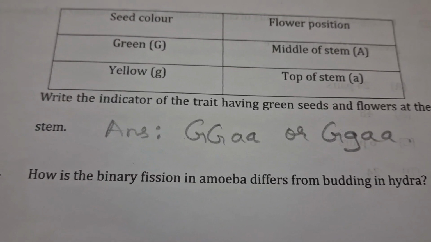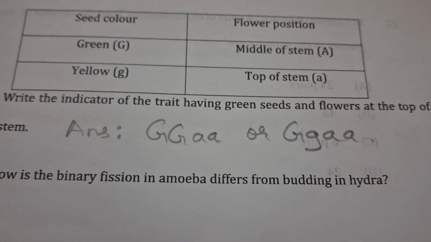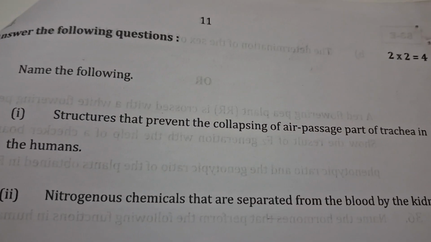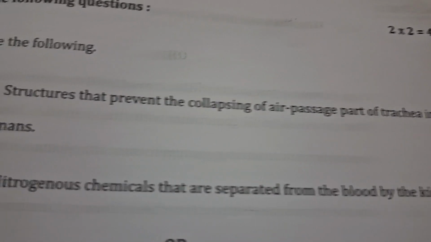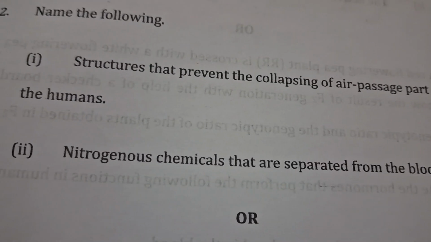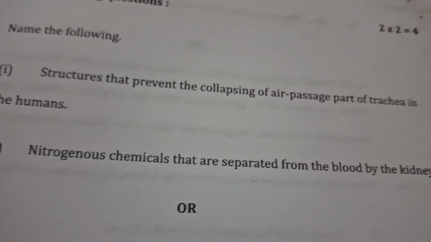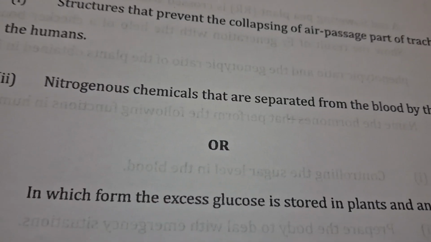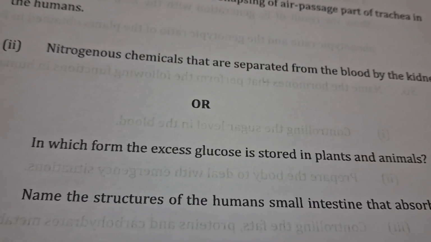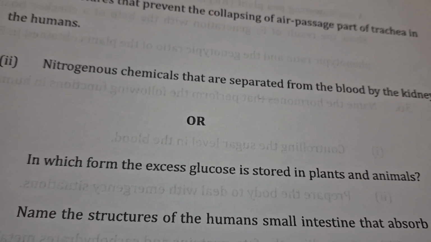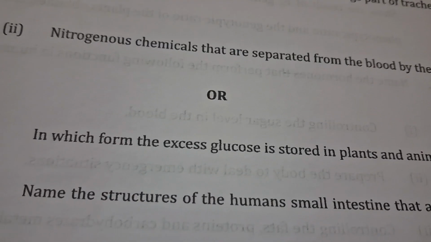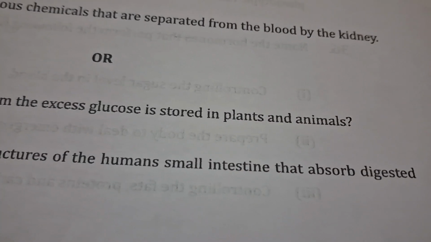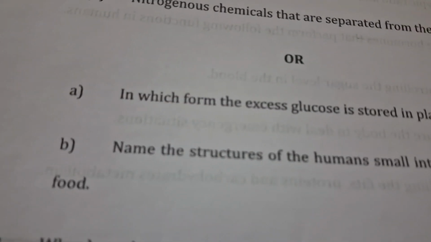How is binary fission in amoeba different from budding in hydra? Name the structure that prevents the collapsing of the air passage in trachea. Then the nitrogenous chemicals that are separated from blood by the kidney. Or question: in which forms is excess glucose stored in plants and animals? Name the structure of the human small intestine that absorbs digested food.